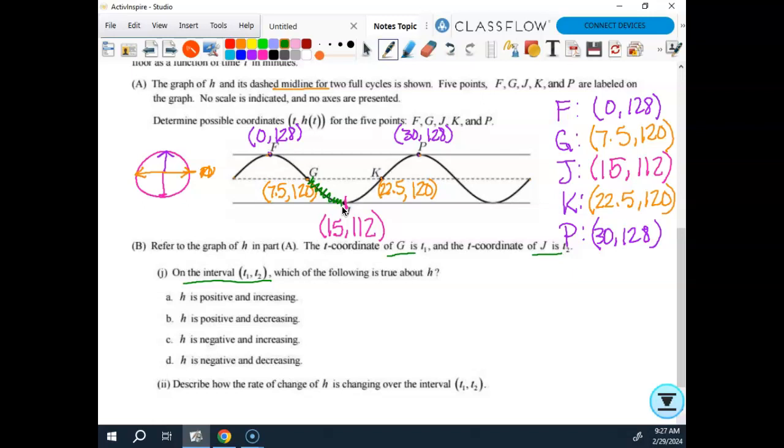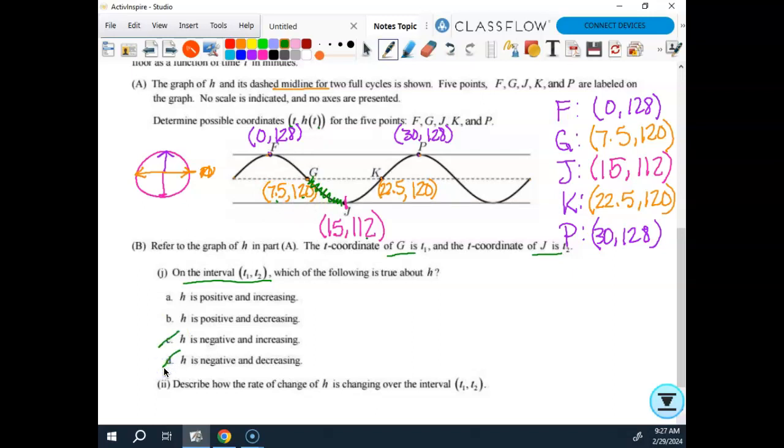And so let's just look at positive and negative first. Is H positive or negative on that interval? Positive. These are my H values, right? My function is function H, so it's T, H of T. So this is the time, this is H of T. The distance is positive, right? So it's positive, so I can knock both of those out.